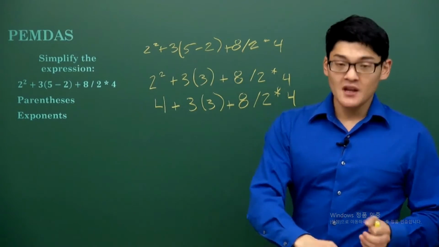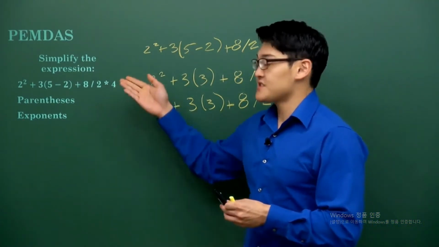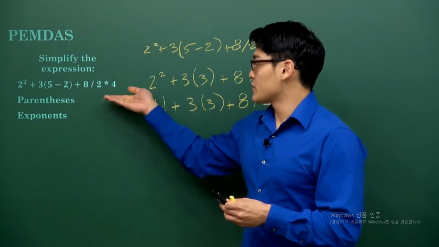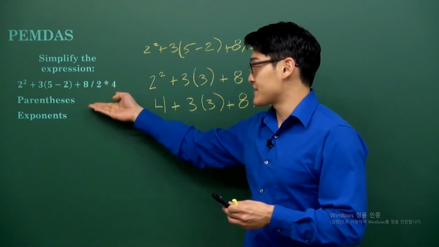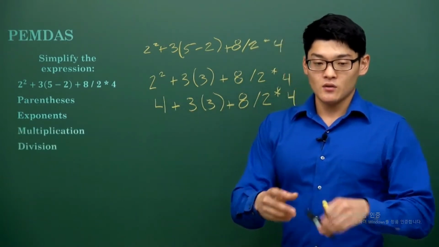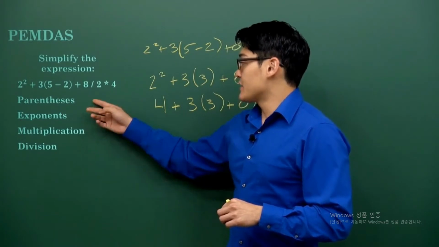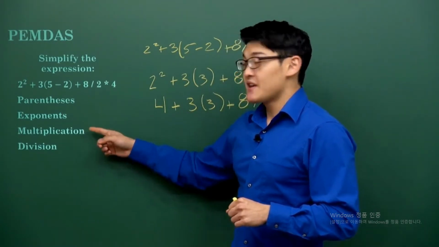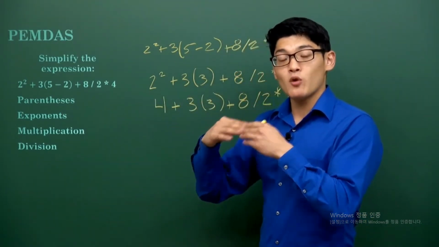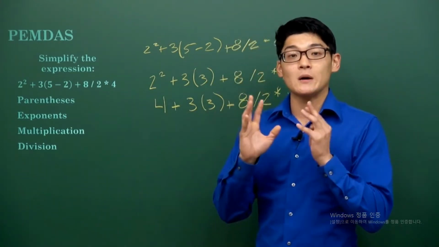The next part, it's a two-part thing. The order of operations, PEMDAS, tells you what order you're supposed to go. So you're supposed to do parentheses first, exponents, and then the third tier, after you're done doing parentheses and exponents, is both multiplication and division, depending on what comes first.